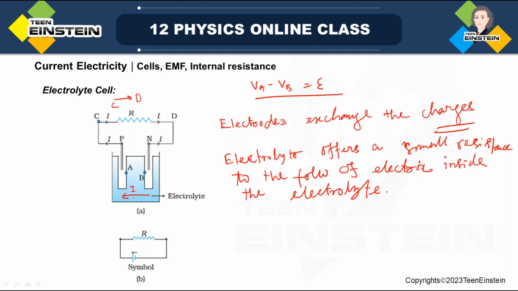So this electrolyte will offer a small resistance, let us say small r, which will oppose the current which is going through this.